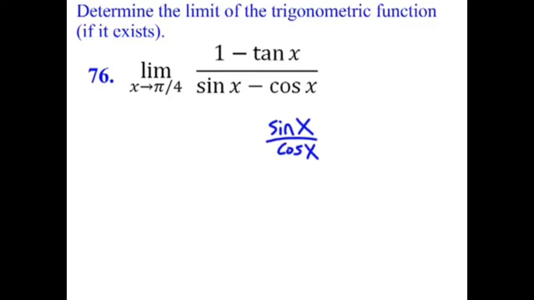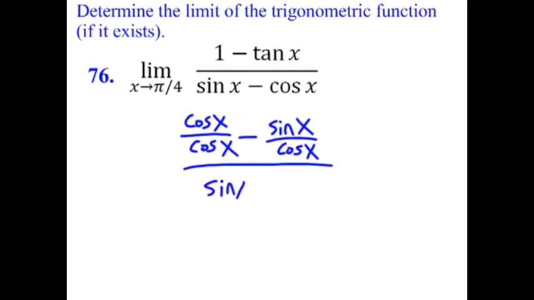So let us see. In the numerator I will first split 1 minus tan x as 1 minus sin x divided by cos x. Look at this. For 1 I wrote cos x by cos x, and for tan x I wrote sin x divided by cos x, and the limit is x tends to pi by 4.